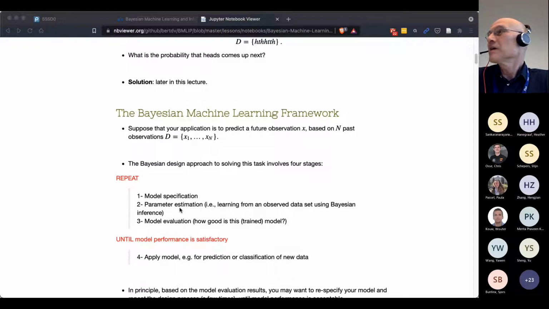You don't have to come up with some smart algorithm to estimate your parameters. You just follow the rules of probability theory. And the same thing for evaluating or scoring your model. And again, the same thing for how to apply your model, whether it's for prediction or for classification, is just following the rules of probability theory.